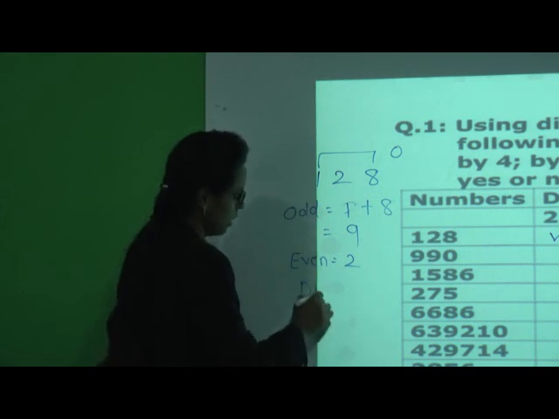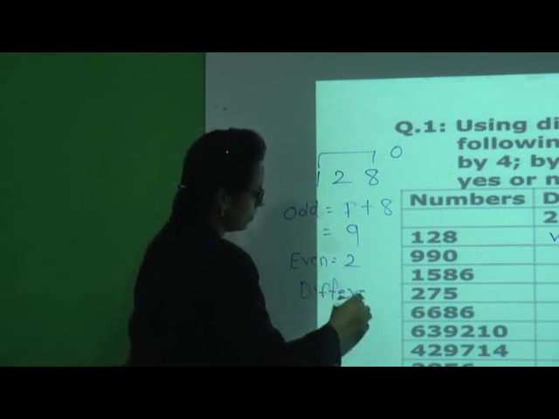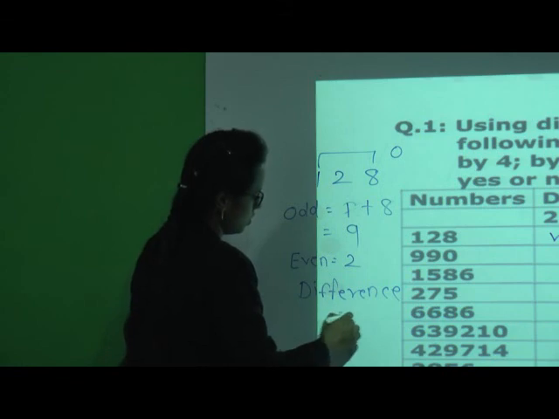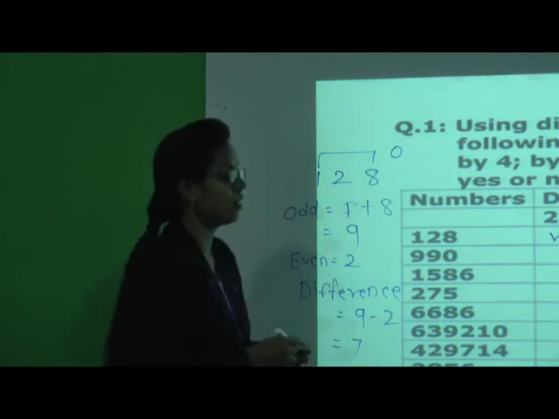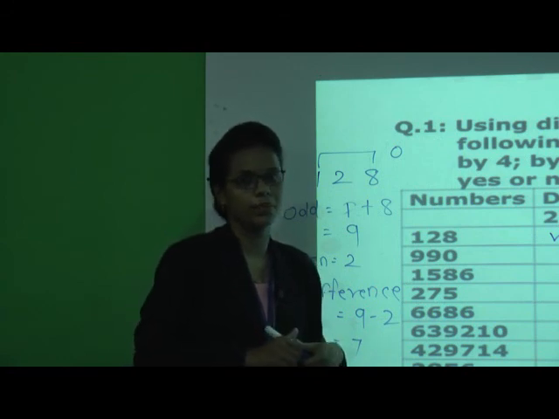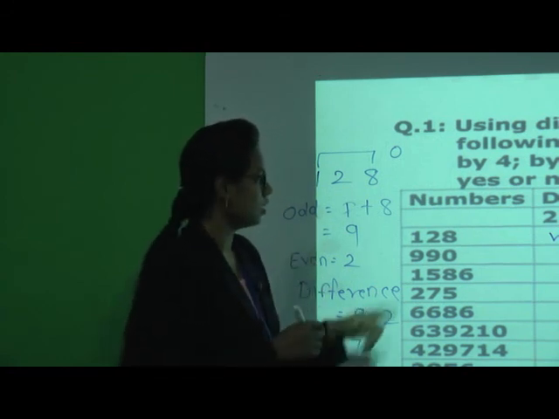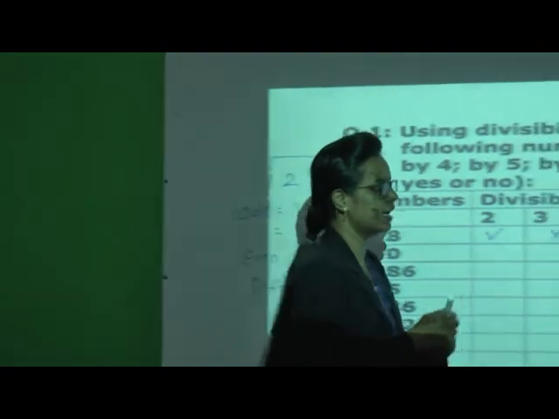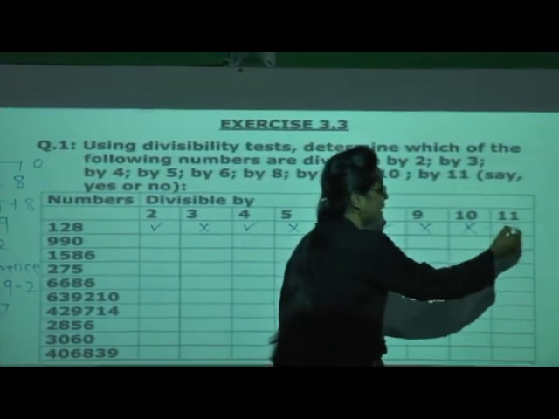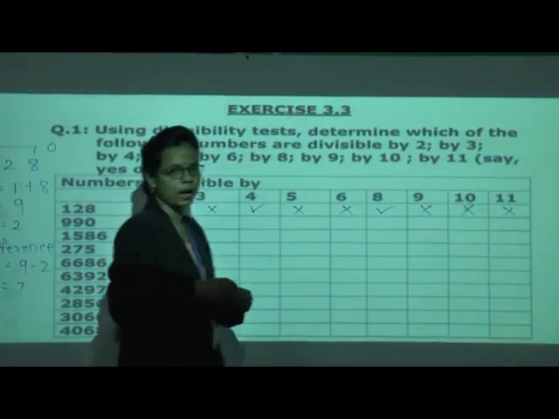Then we find the difference: 9 minus 2, 7 is the difference. Is 7 divisible by 11? No, it's not divisible. So 128 is again not divisible by 11.